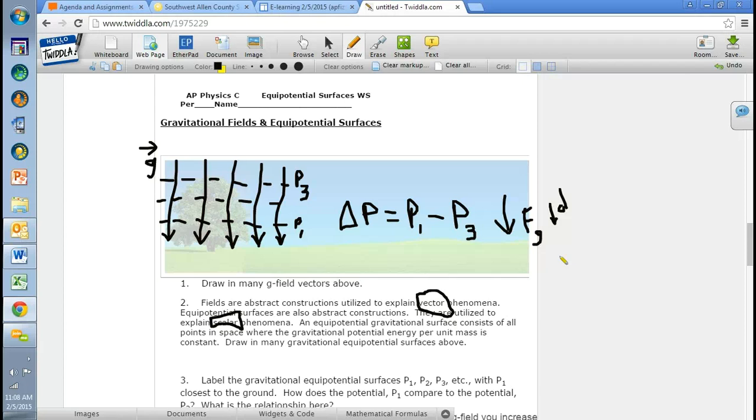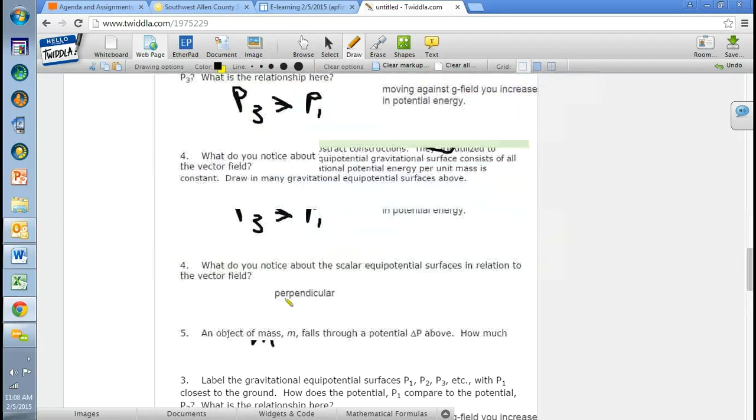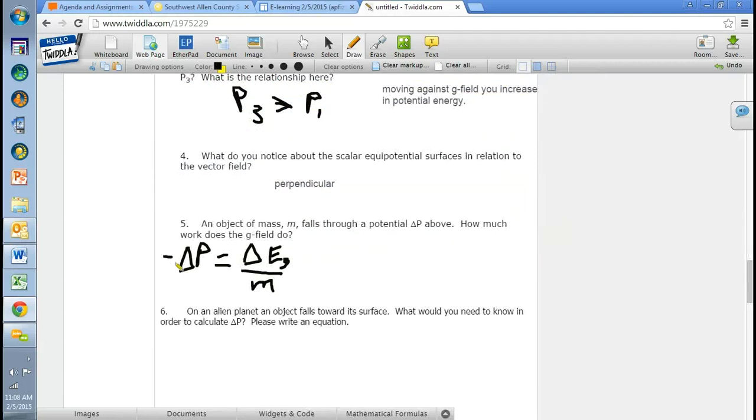Okay, good. But can you also see that my delta P would be negative? So in order to get rid of that negative sign, I'm going to put a negative right here. So this is going to be equal to the work, because work is change of energy. Remember, work is change of energy.